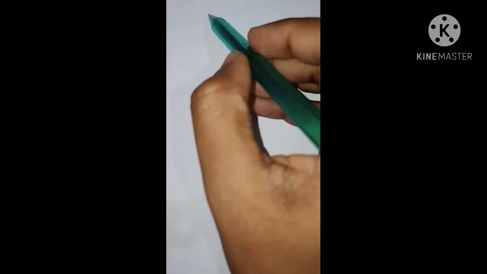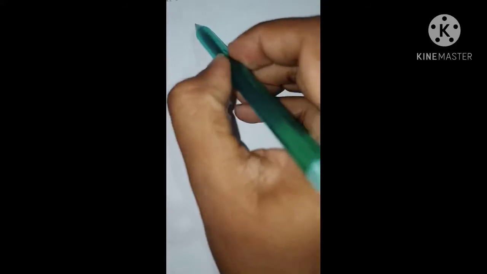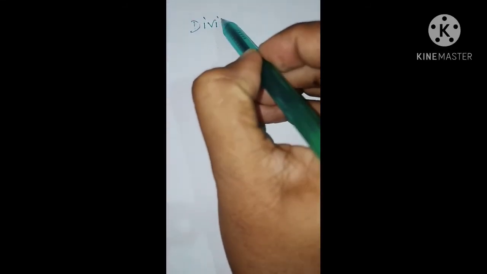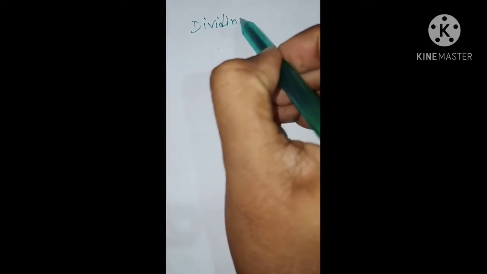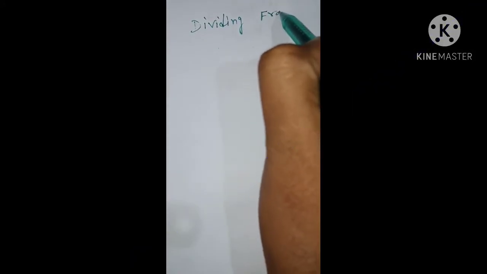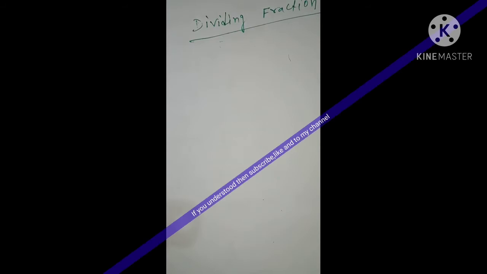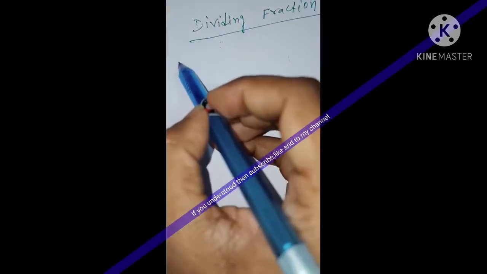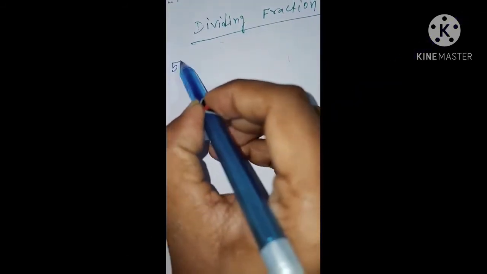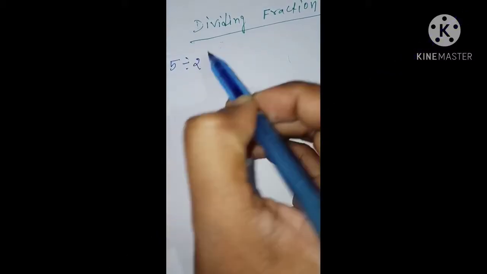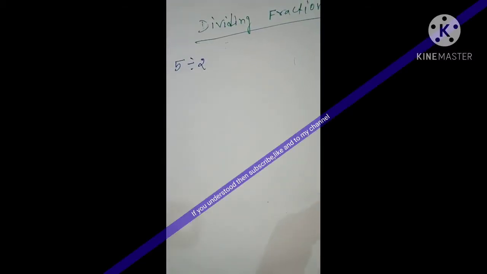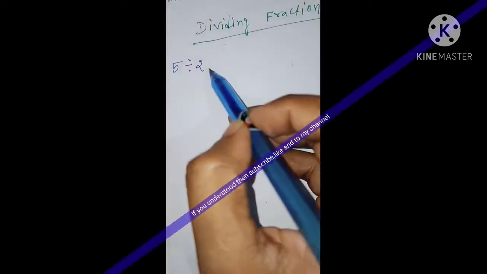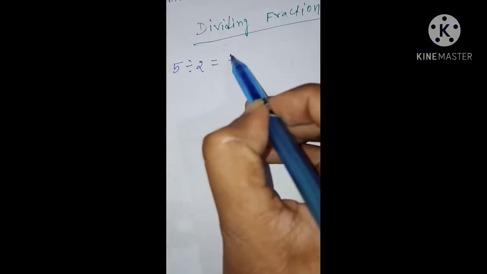Okay, so now we'll discuss the division of fractions. As you are clear about the reciprocal of a fraction, it will now be easy for you to find dividing fractions. Just see. Suppose I write one division, 5 divided by 2. This one we can also write as 5 by 2.